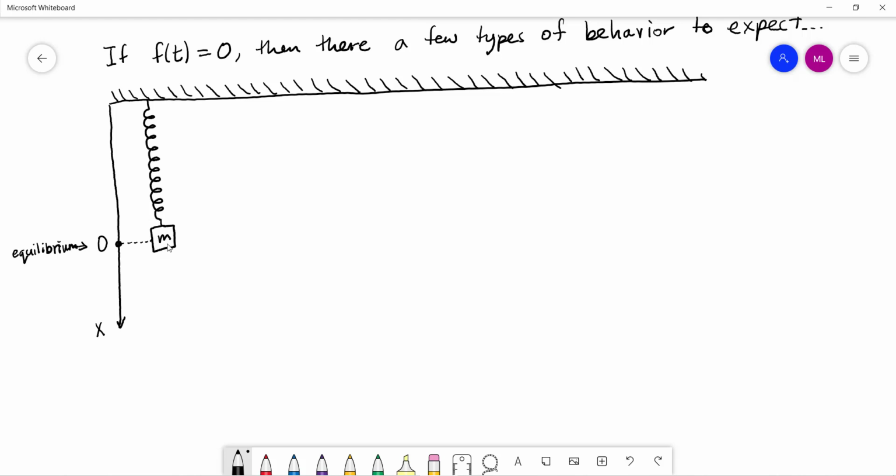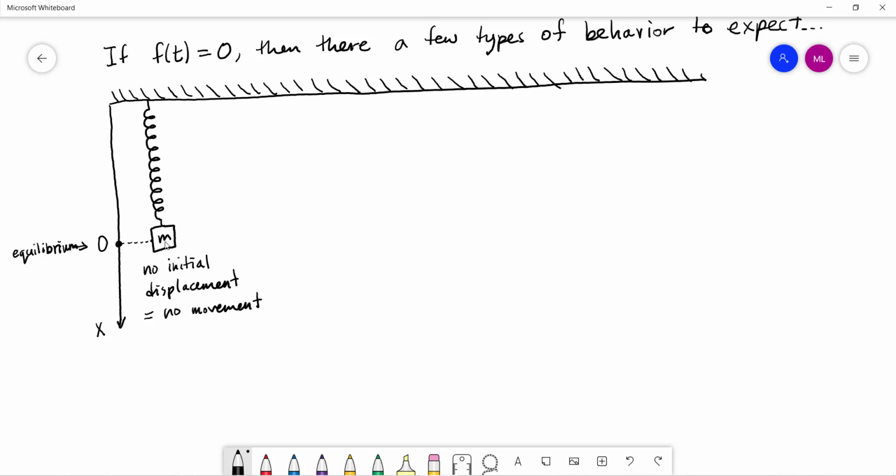Well, if I don't do anything to this spring, nothing's going to happen to it. It's not going to move. If it starts at equilibrium and I don't displace it and I don't give it any initial velocity, it'll just sit here indefinitely. So in this case, it's going to sit forever, no motion, so no initial displacement, and that means no movement.